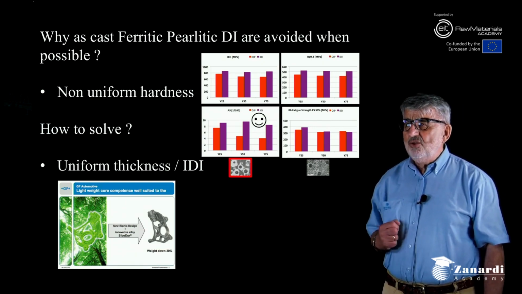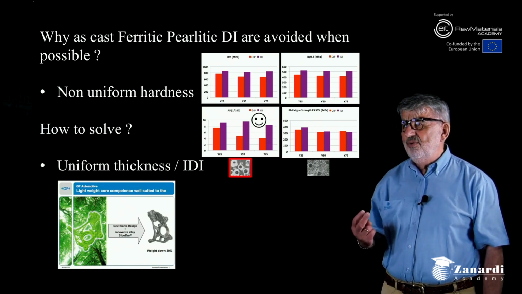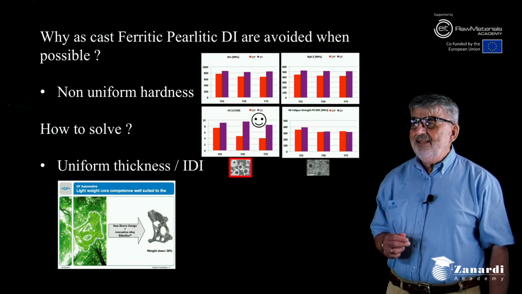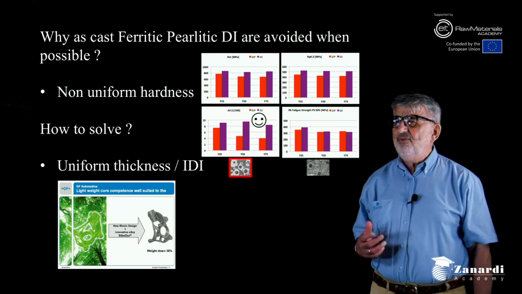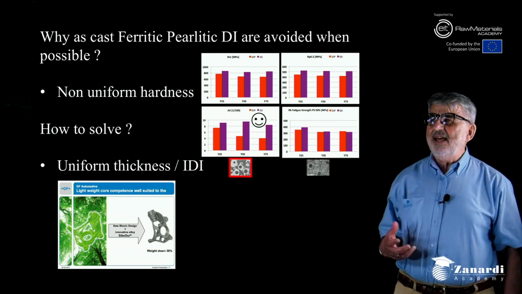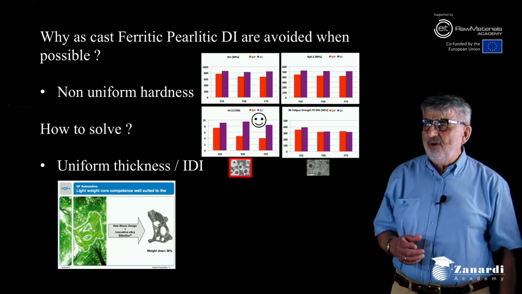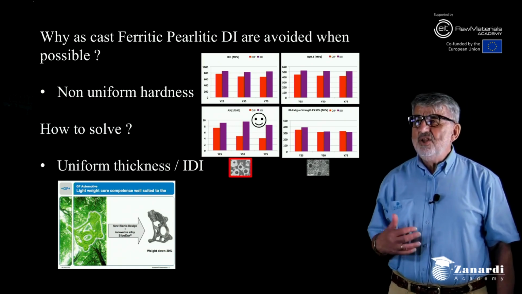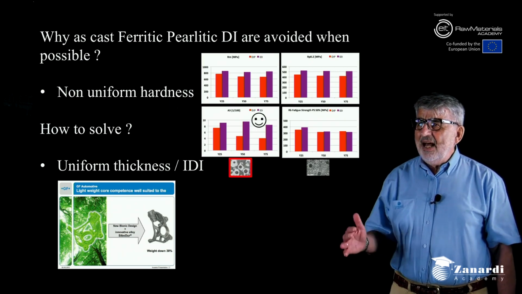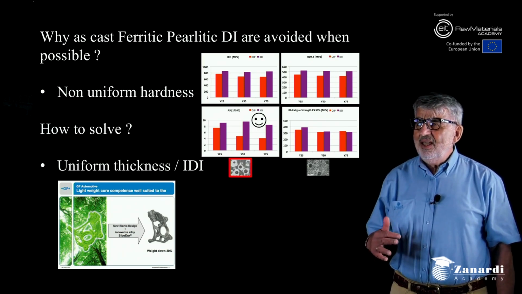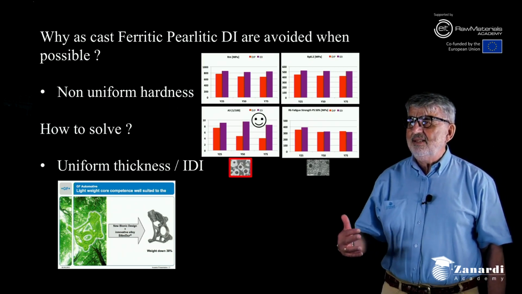So two ways to solve the problem are the so-called bionic design, as defined by Geoff Fisher. That means to design a casting, this is typical for automotive castings, with uniform wall thicknesses. So we control the Brinell hardness through a uniform wall thickness casting design.